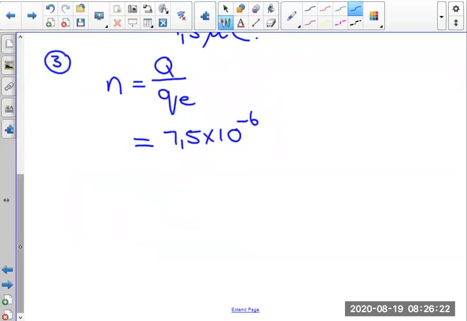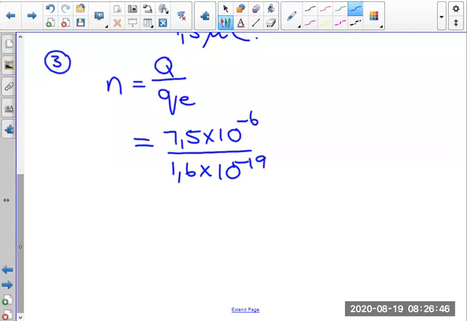And in Q_e's place, we're going to substitute in the charge of an electron, which is 1.6 times 10 to the power of minus 19. So 1.6 times 10 to the power of minus 19. And if you divide those two, you're going to get the answer.